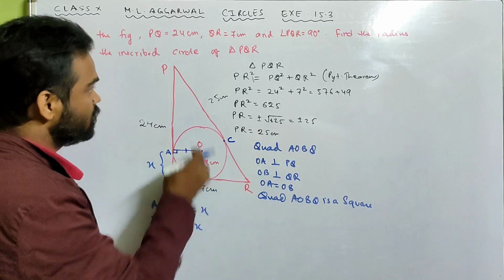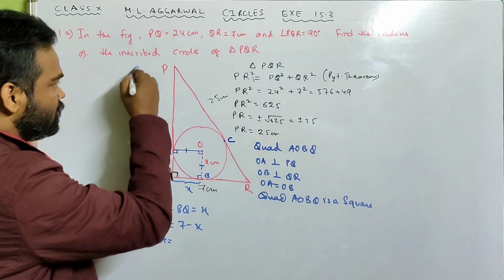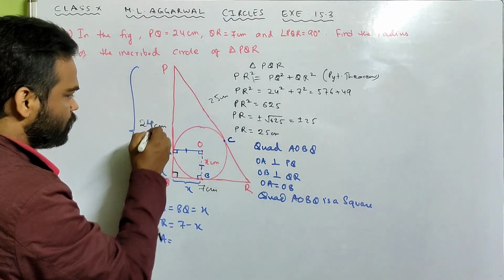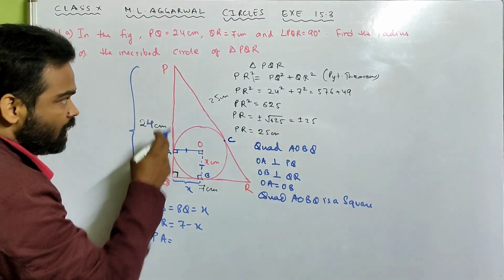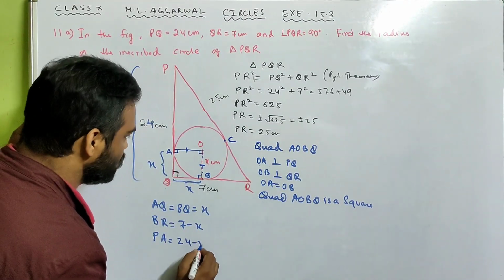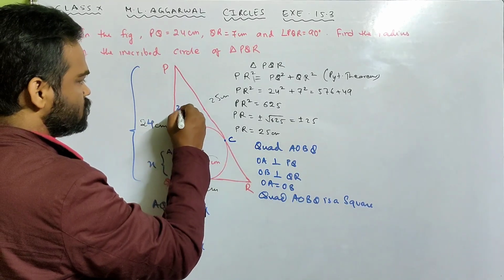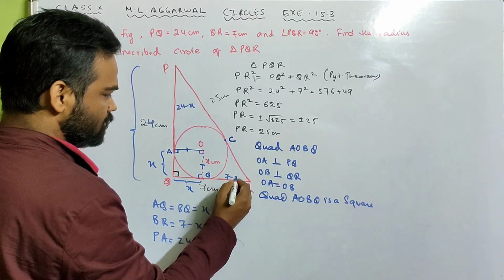Similarly PA. What is PA? The entire was 24, so 24 minus x. PA is PQ minus AQ. So this is 24 minus x. This is 7 minus x.